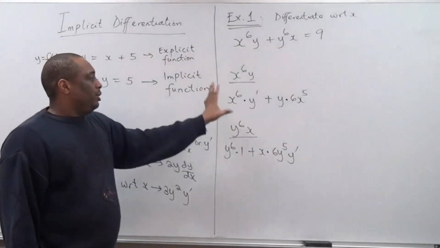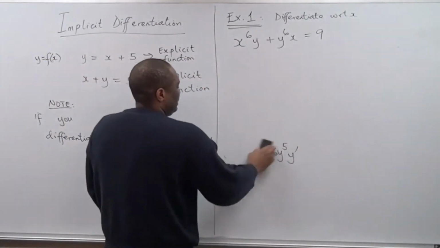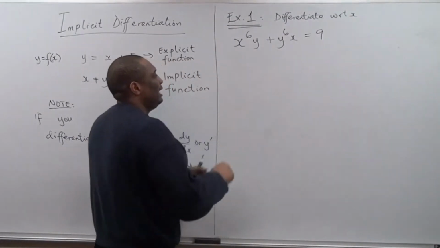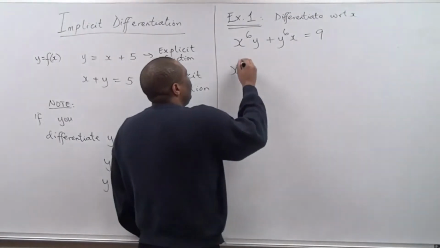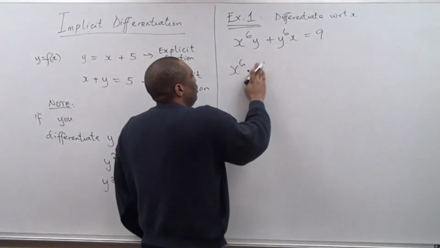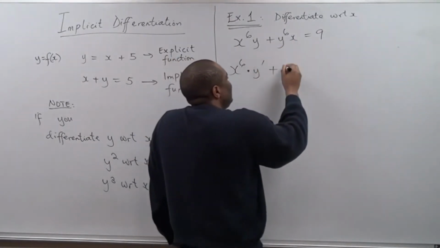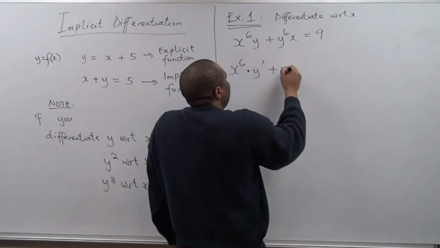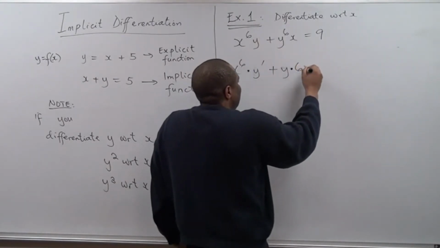So that is how you do it. I just wanted to illustrate it. And if you differentiate a constant, it gives you 0. So you keep x^6 constant, differentiate y, gives you dy/dx, which is y prime, plus you keep y constant, differentiate x^6, it gives you 6x^5.